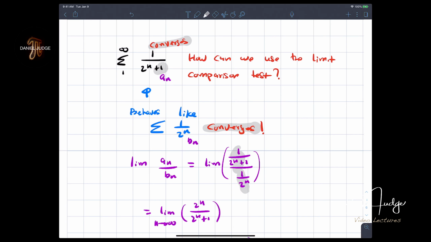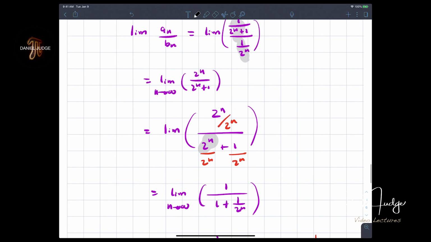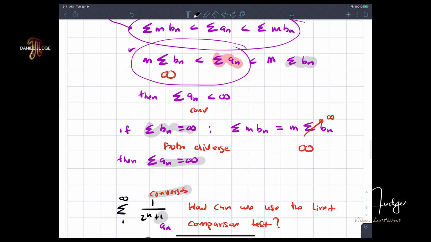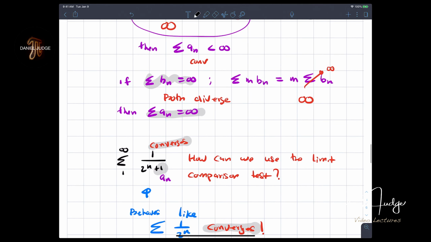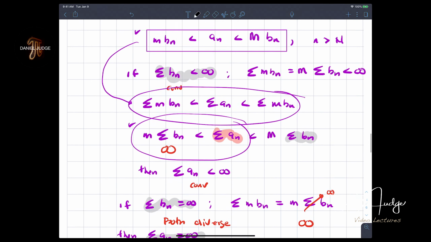Anyway, pretty good. So knowledge of these things is going to be important for us. Let's see, let's recall that divergent situation here.